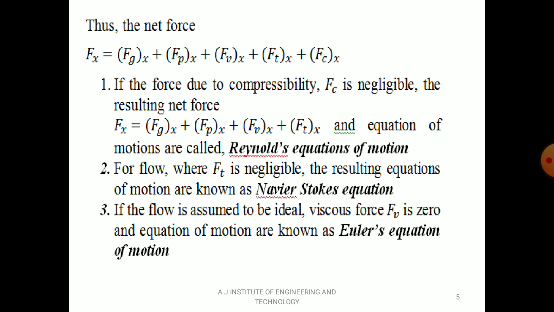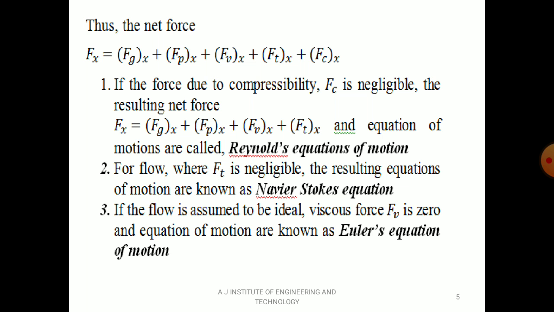If the force due to compressibility Fc is negligible, then the resulting net force Fx equal to Fgx plus Fpx plus Fvx plus Ftx, and this equation of motion is called Reynolds equation of motion. In the net force expression Fx, if Fc is 0, then the resulting equation is called Reynolds equation of motion.